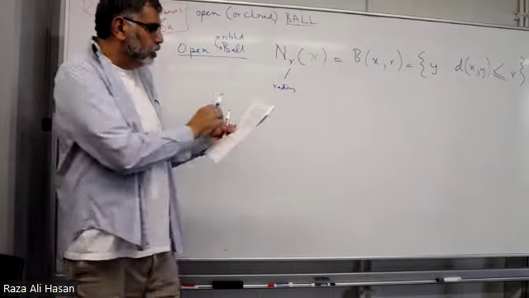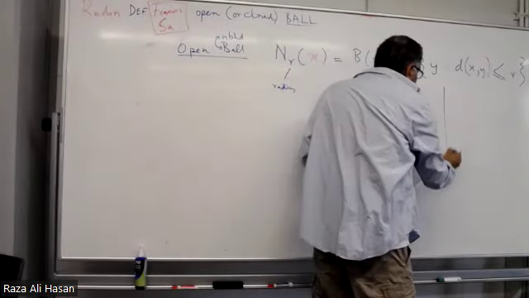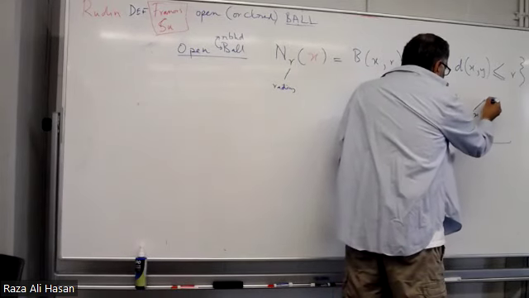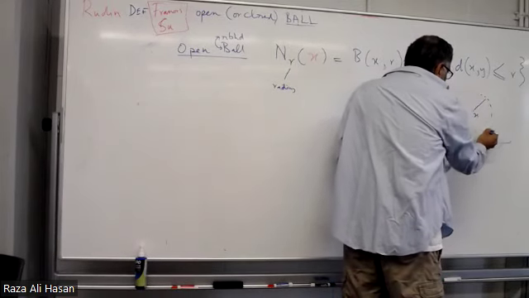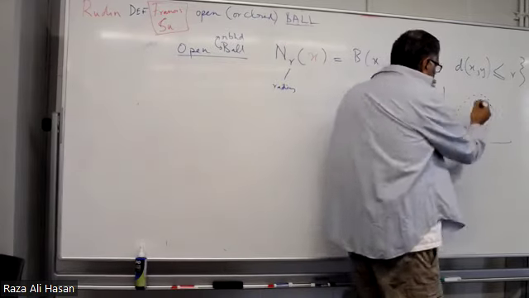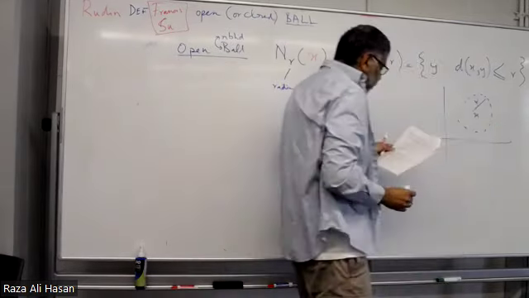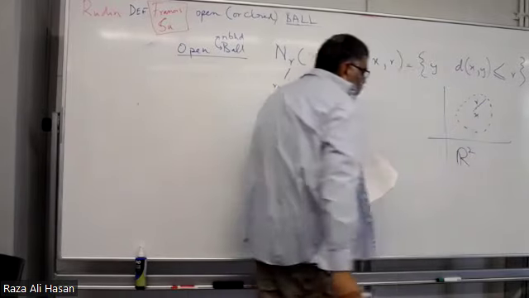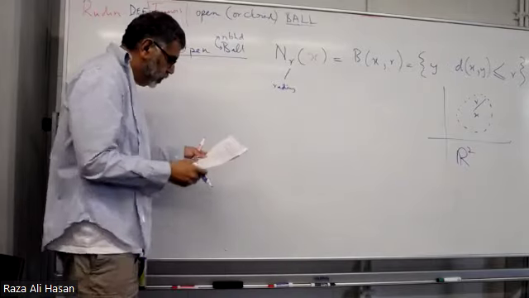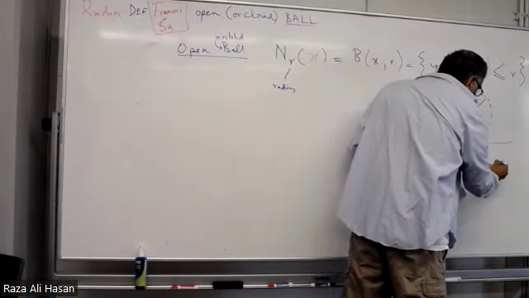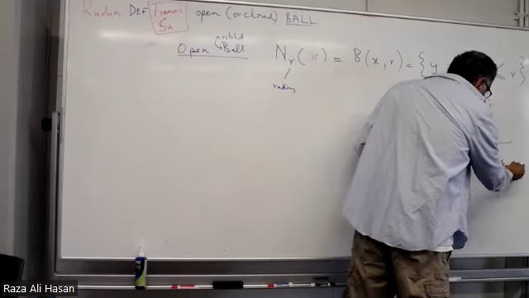Okay, and so let's just make a quick picture here, just for the sake of pictures, so that you will never forget this lecture ever. R right there. And in our illustration we're using 2D, and the metric here is the Euclidean metric.